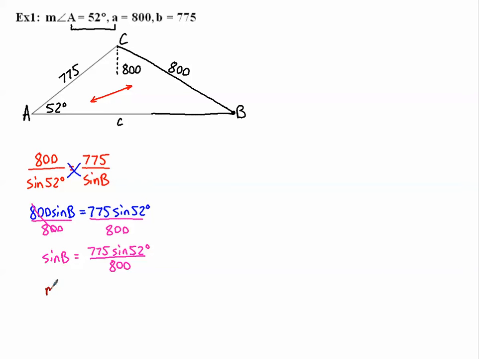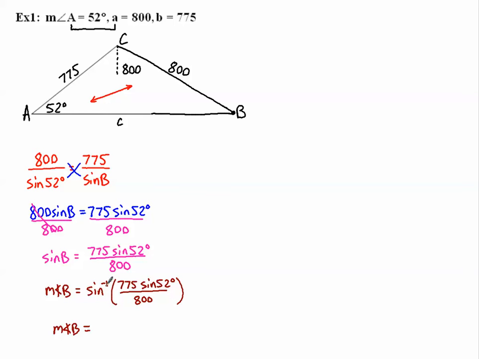So therefore, the measure of angle B is going to be equal to the inverse sine of this opposite side. So we've got 775 sine of 52 degrees divided by 800. I'm going to be doing the inverse sine of this to figure out what this missing angle is.